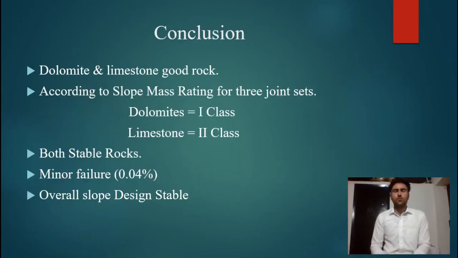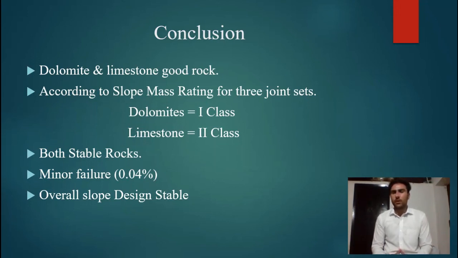In conclusion, we can say that dolomite and limestone, according to RMR, were good. The dolomite value was around 75, and the limestone value was around 70.